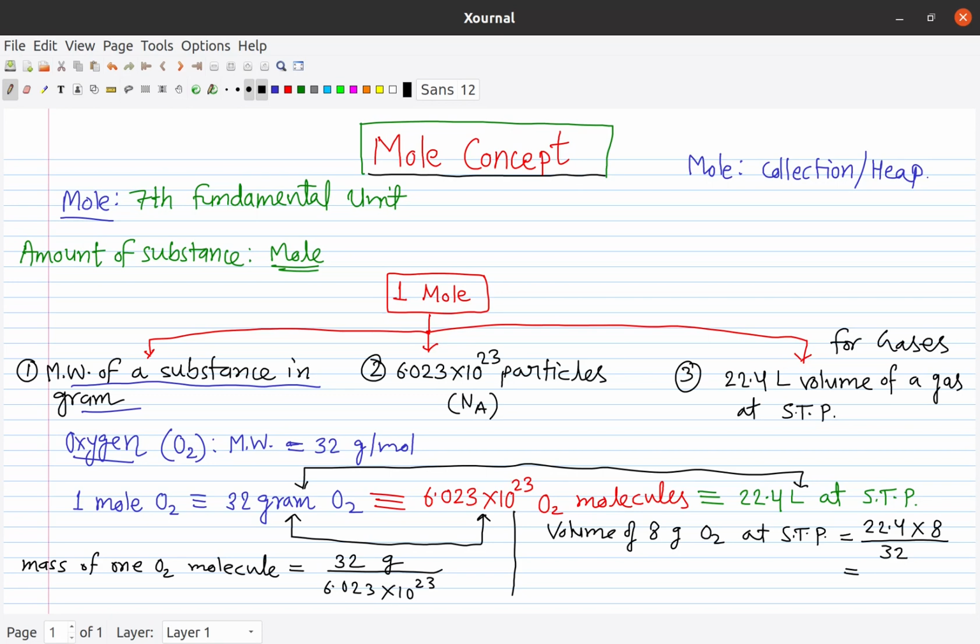That means 1 by 4 of 22.4 liters, so 4 fives are 20 and 4 sixes are 24, that is 5.6 liters. If this is directly asked, find the volume of 8 gram oxygen at STP, maybe you will not get how to solve it. But if you relate these two concepts, that 32 gram oxygen occupies 22.4 liter volume at STP, then you can simply calculate that 8 gram will occupy 22.4 divided by 4, that is 5.6 liter of volume at STP.